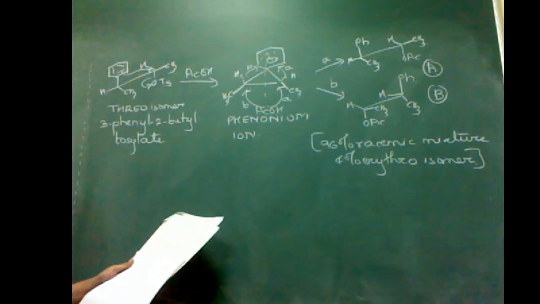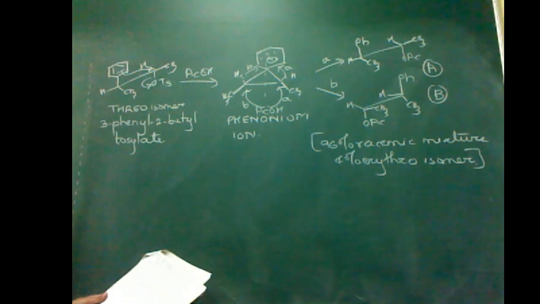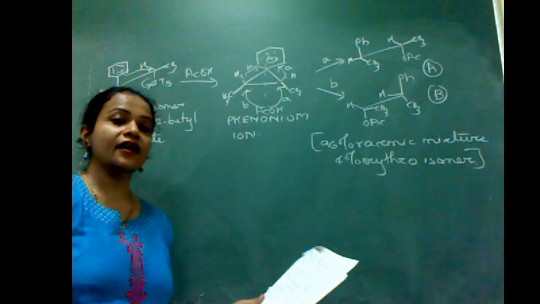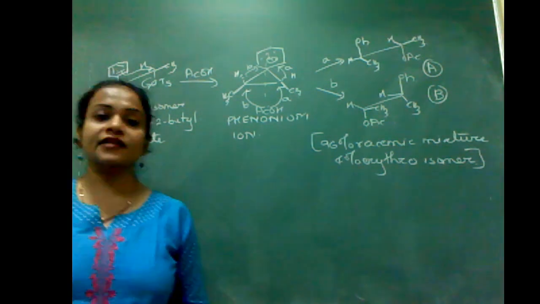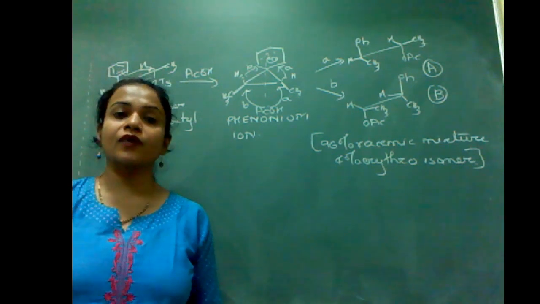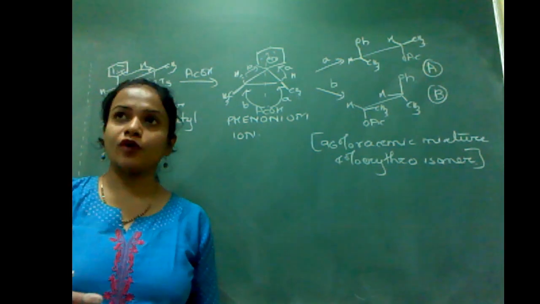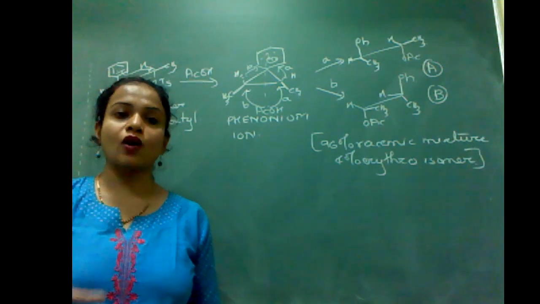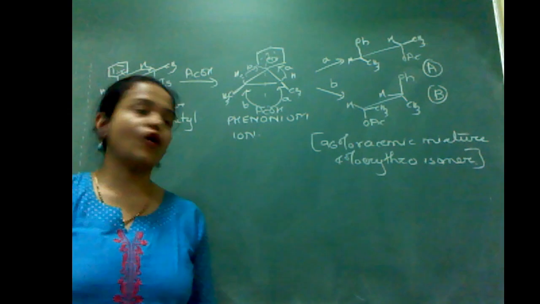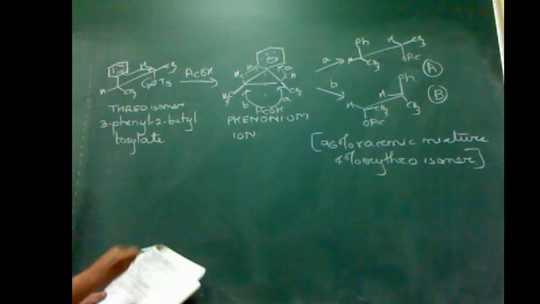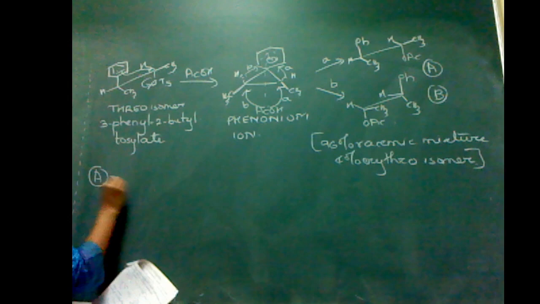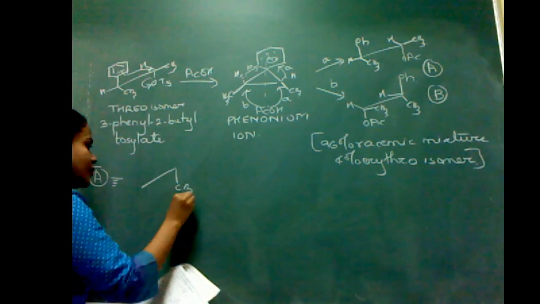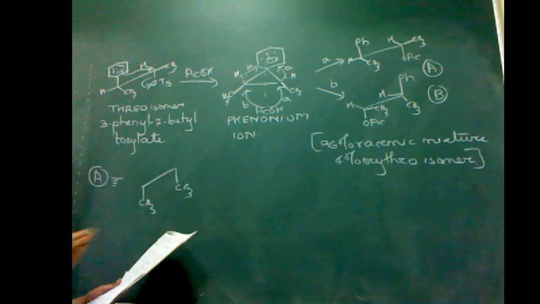For structure A, which is the staggered form, I write it in the eclipsed form. Why am I writing it in the eclipsed form? So as to efficiently convert it into the Fischer projection formula. The Fischer projection formula is the eclipsed representation of the Sawhorse projection formula. When I rearrange A, I write both the methyl groups coming below the plane.